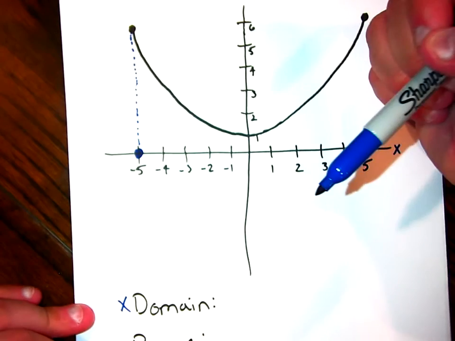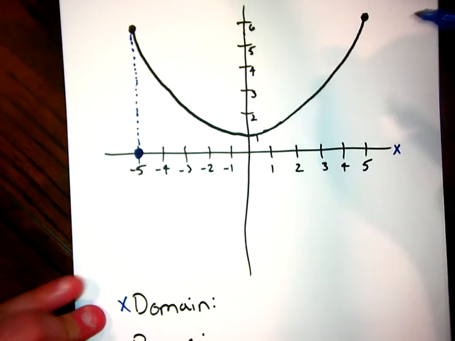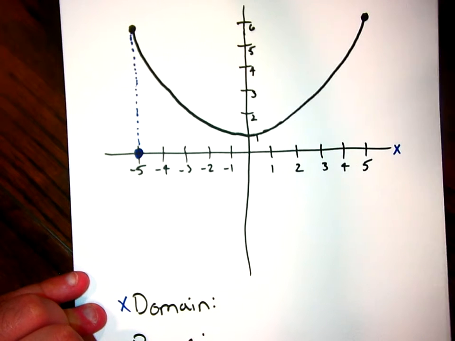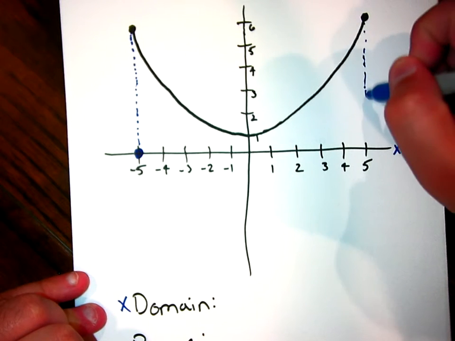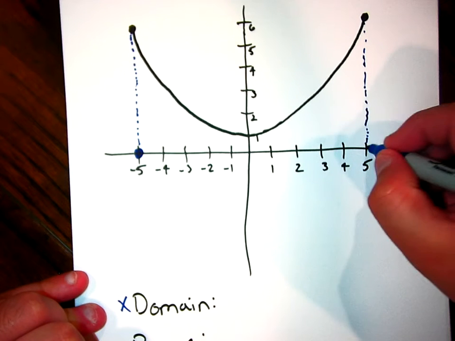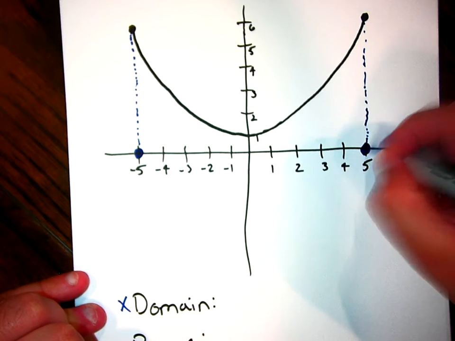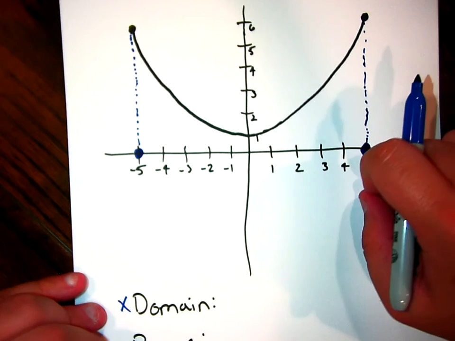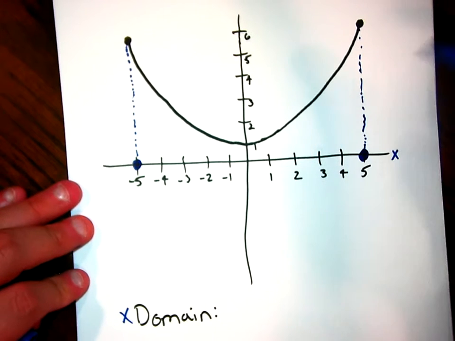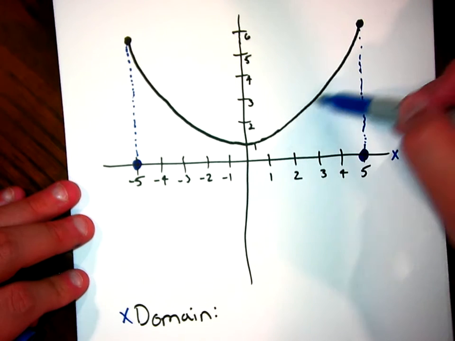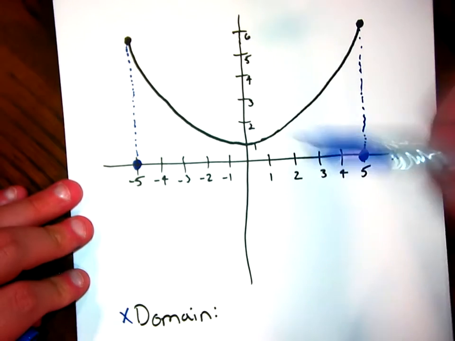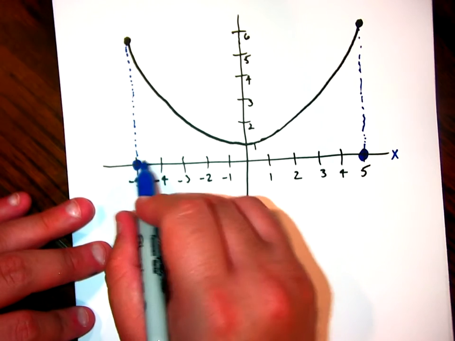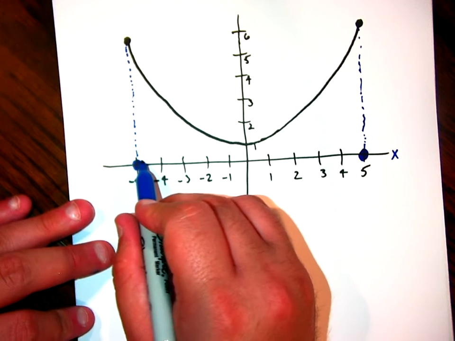Okay, and then let's go to the farthest right value. And it's this point here, so draw down to the x-axis. We've got this right here, positive 5. So this is a continuous curve. It's not just points, it's a line, everything in between. All the decimals, all the halves, all the quarters.